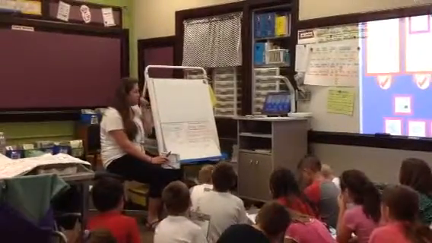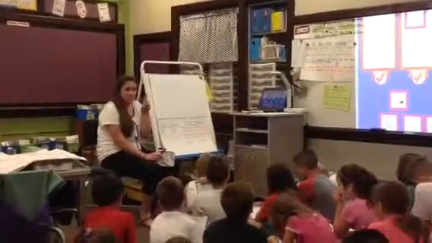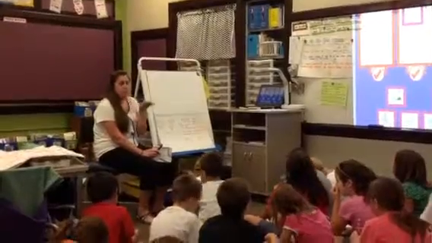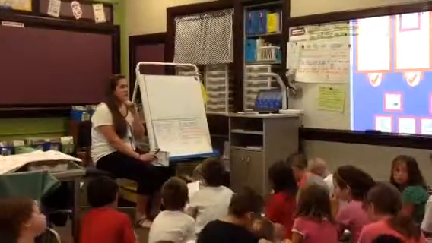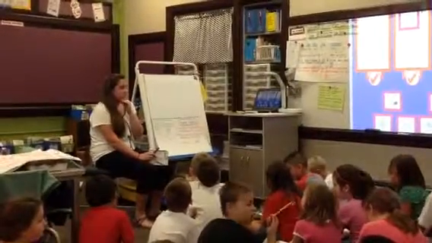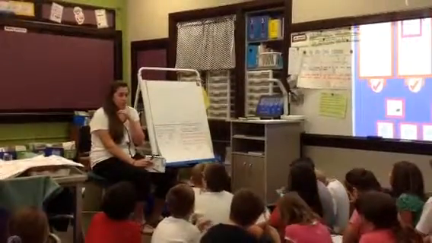Okay? So when we're thinking of long vowel words, if we're testing them out in our head and trying to find out if it's a long vowel word, we have to say the word, right? So if I say the word boat, do I hear a vowel in there? Yeah. Boat. O. You heard the O? Did anybody else hear it?